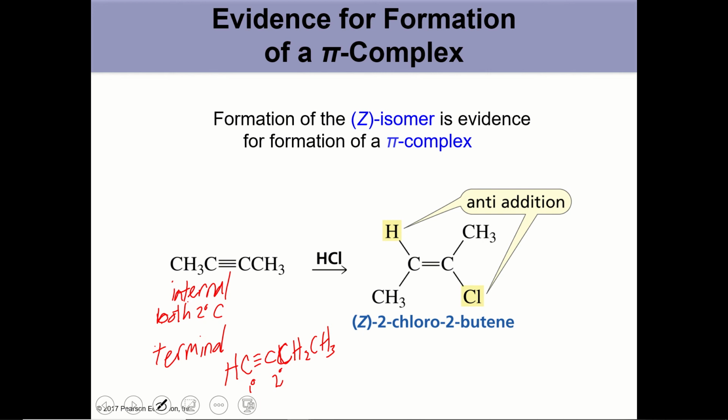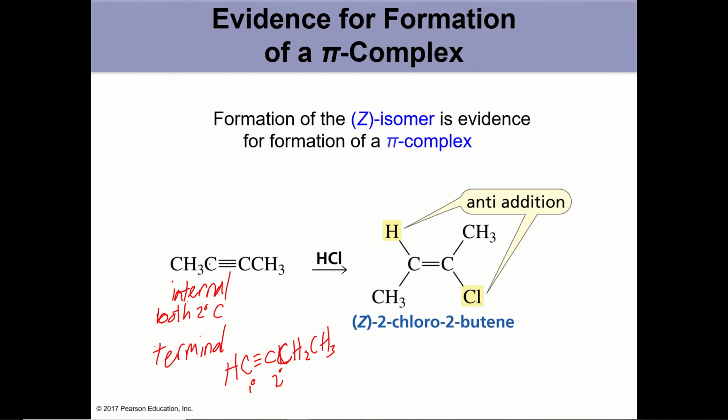The hydrogen will add to the less substituted carbon, and the chlorine will add to the more substituted carbon for a terminal alkyne. Now, there is a slide about this later in this PowerPoint. It's either the next slide or it's later on in the chapter. But that's just an introduction to the topic.